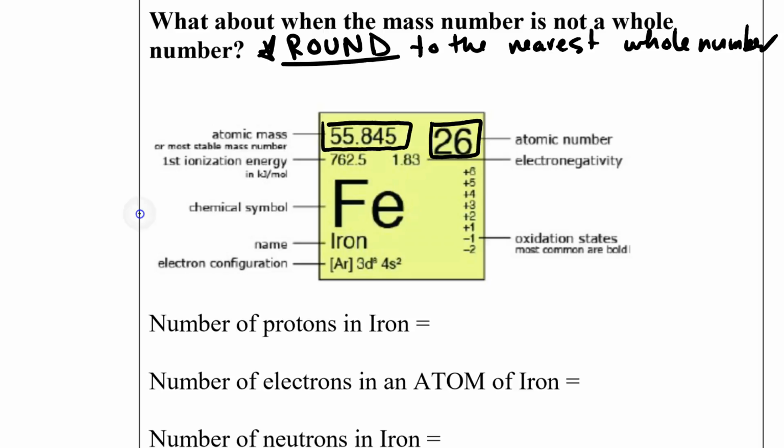So the atomic mass is going to be not 55.9 or 55.8, it's going to be 56 atomic mass units, or mu. Just like that. And you literally say it like what a cat says, mu.